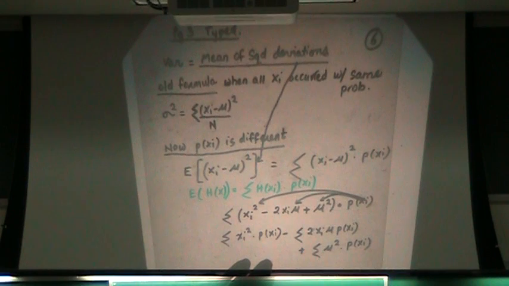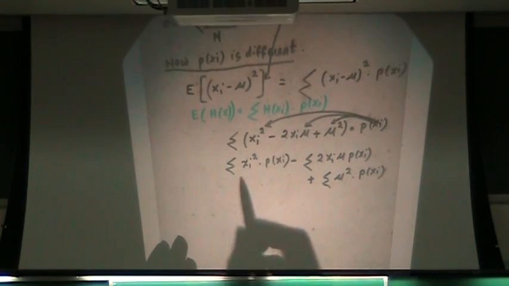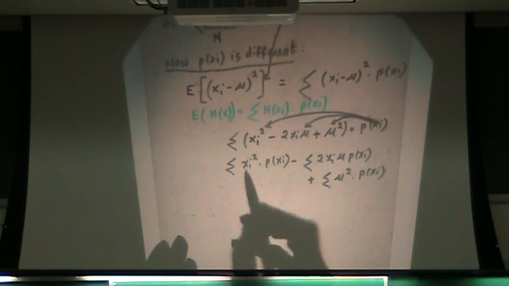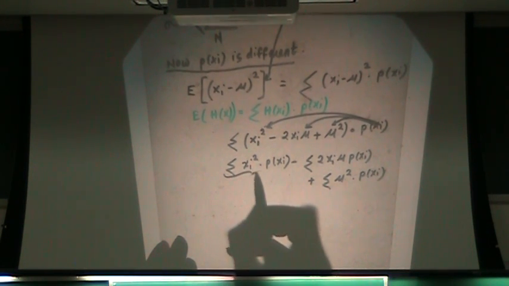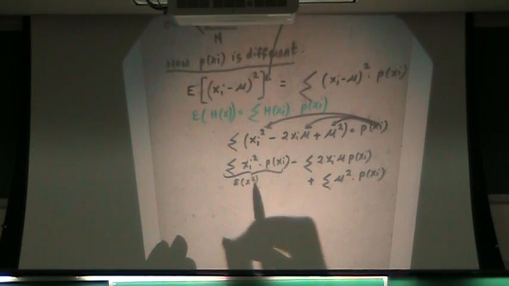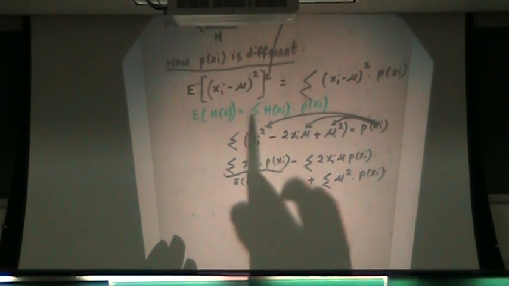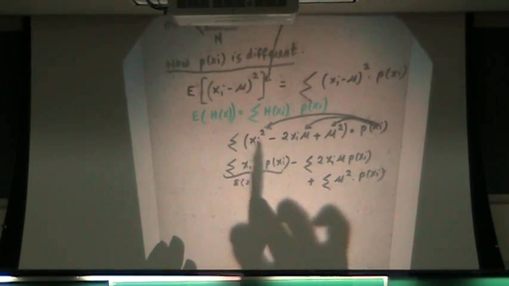Is that fair? All I did was FOIL it and distribute the P of xi to each. So this first term is E of x squared, because we defined E of x squared to be summation xi squared P of xi. These match up. So this is E of x squared.